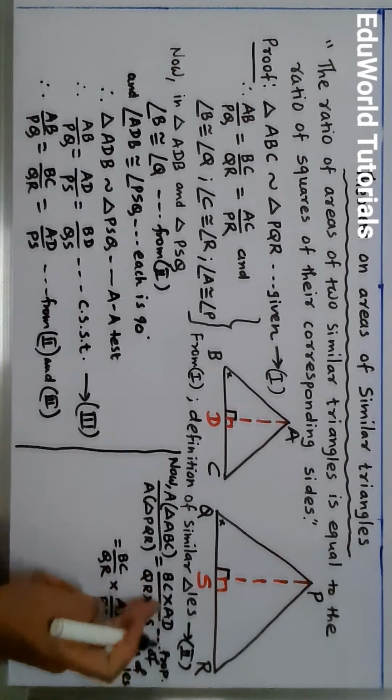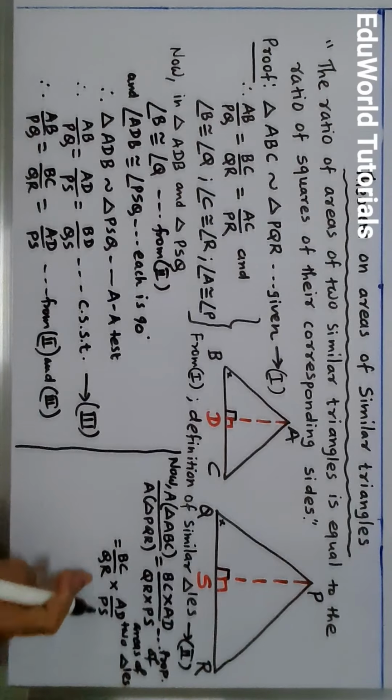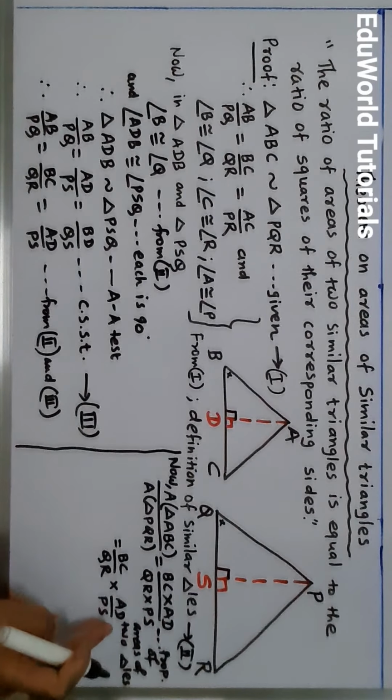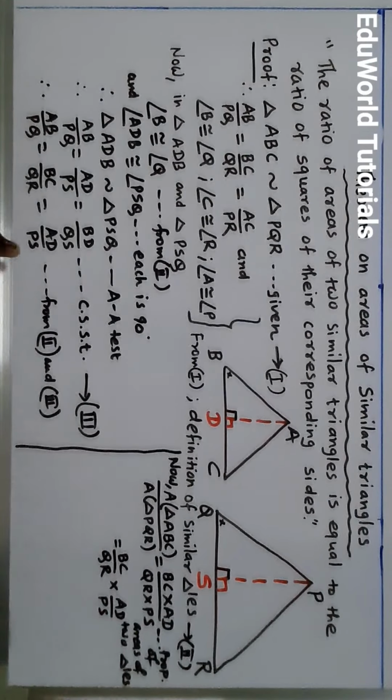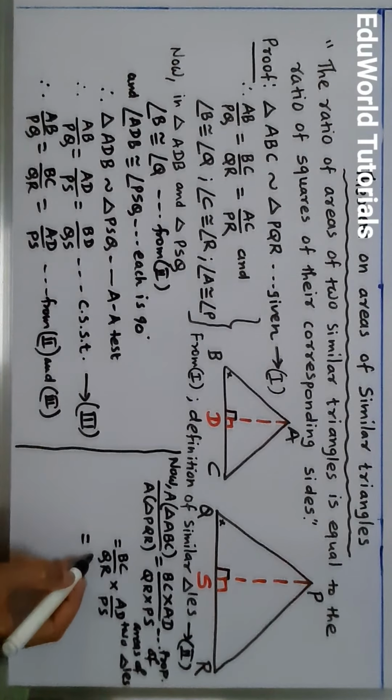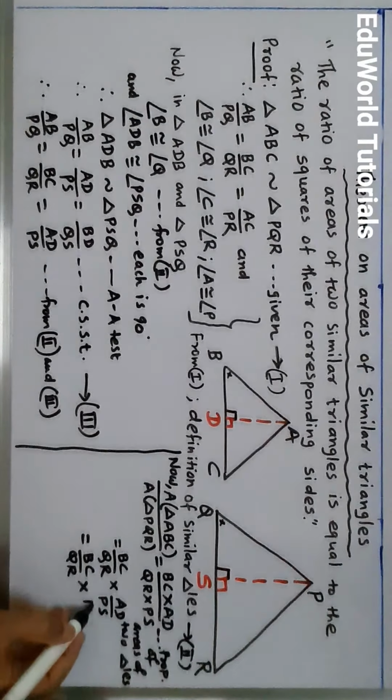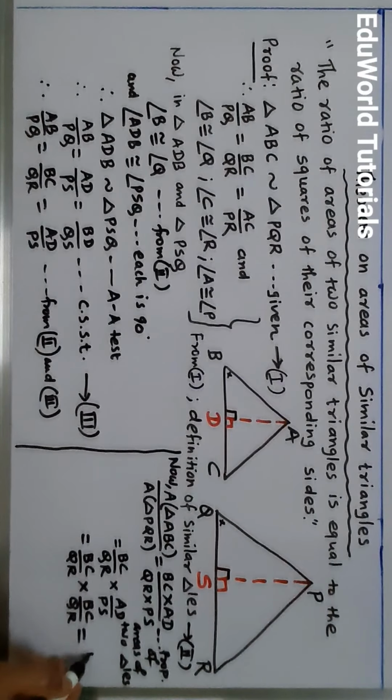This same thing can be written like this, so it will be easy for you to understand. Now we can replace the AD upon PS ratio by BC upon QR. If you replace it, what will you get? BC upon QR multiplied by BC upon QR, which will give you BC squared upon QR squared.